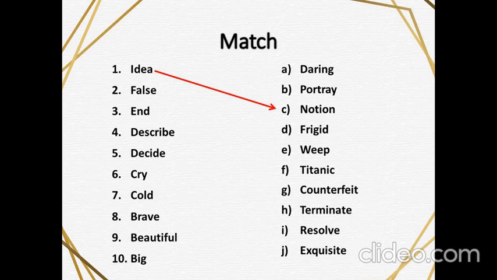And we usually use them in a social context. But as for the other side, where daring, portray, notion, frigid, weep, titanic, counterfeit, terminate, resolve, and acquisite, these are the words that we use in academic contexts.